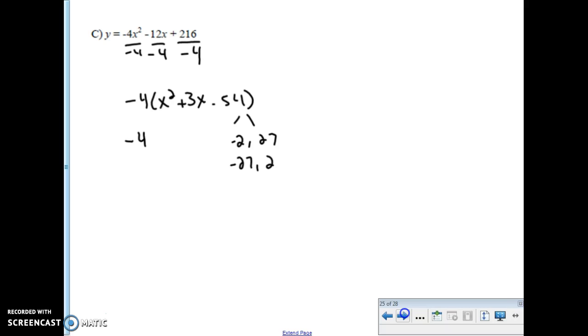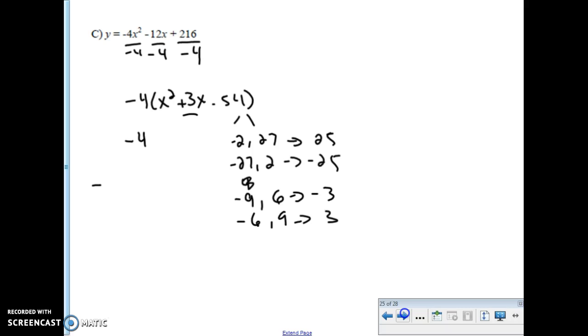If I think about 4, no. What about 9? 9 and 6: negative 9, positive 6, negative 6, positive 9. Those are some of the things that get me negative 54. So which of those add up to positive 3? If I do negative 2 and 27, I get 25. I get negative 25. I get negative 3. And it looks like I get positive 3 with negative 6 and positive 9. So your factored out form would turn out to be x minus 6, x plus 9.